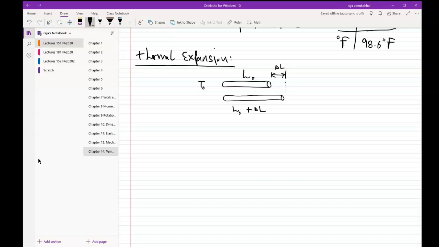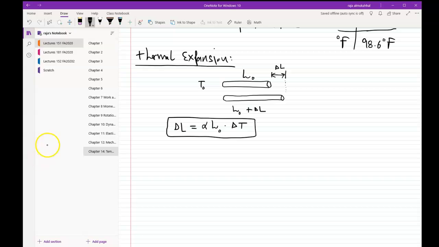So this is delta L, okay? To measure this value, delta L, there is a formula, and the formula is basically alpha L naught times delta T, okay? Let me box this equation, I'll talk about it.